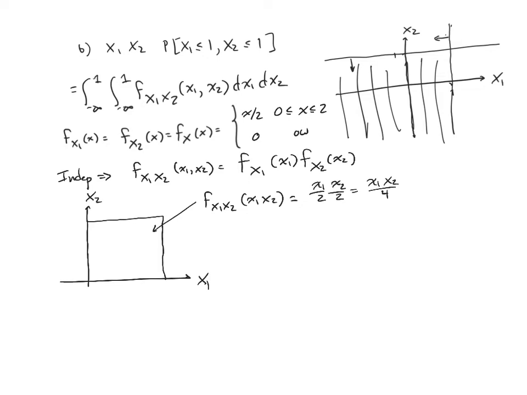And if you're a fan of calculus, you can finish the problem by doing this integral. So the probability that x1 is less than or equal to 1, x2 is less than or equal to 1, is the integral over this region, because it's the intersection of where the joint PDF is non-zero and where the condition x1 less than or equal to 1 and x2 less than or equal to 1 is met.